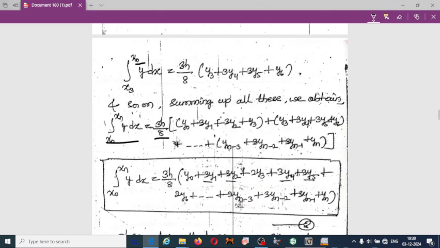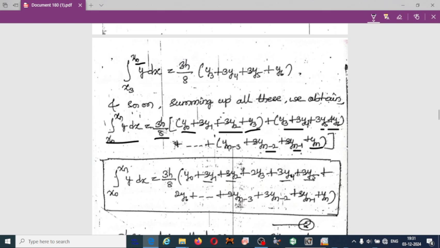3h by 8. Here you should add y0 plus 3y1, 3y2, y3, and in the next bracket y3, 3y4, 3y5, y6, and so on. In the last bracket you should write yn minus 3, 3 into yn minus 2, 3 into yn minus 1, and yn.